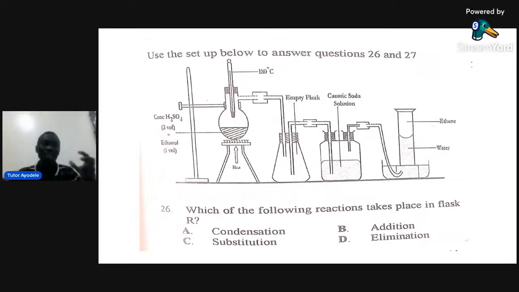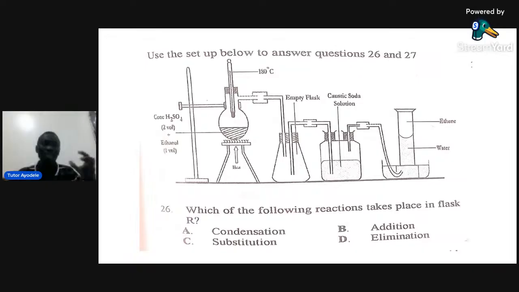But we are looking for C2H4. So remove one hydrogen from that 5 and add it to that OH. That OH will become H2O, which is water, and you'll be left with C2H4. That is ethene.